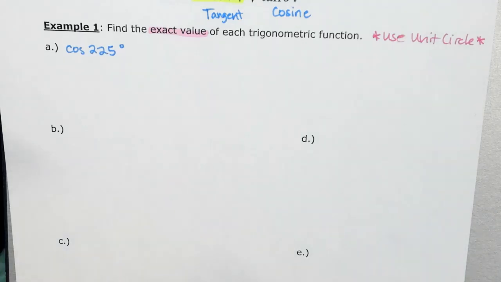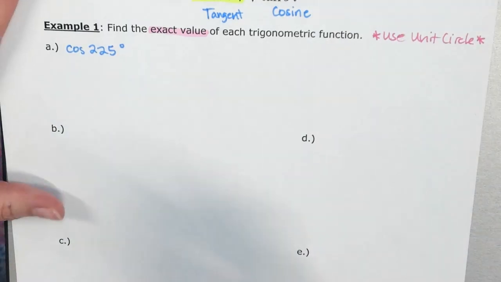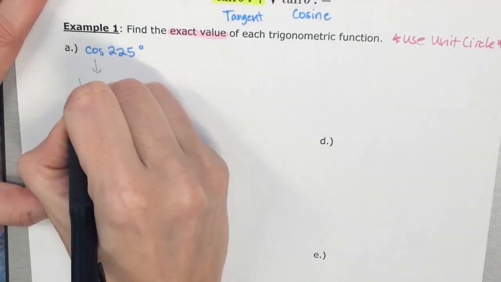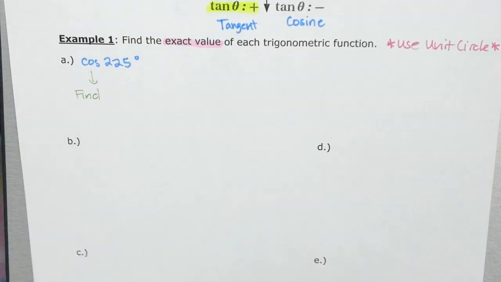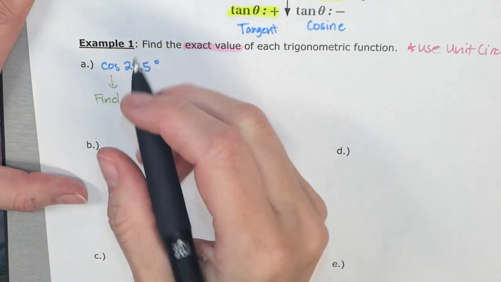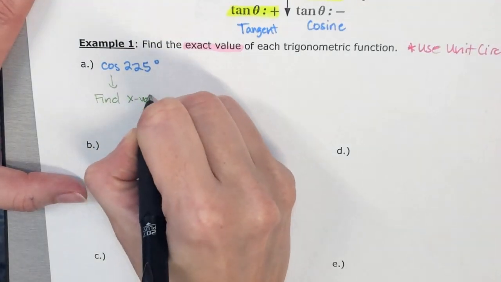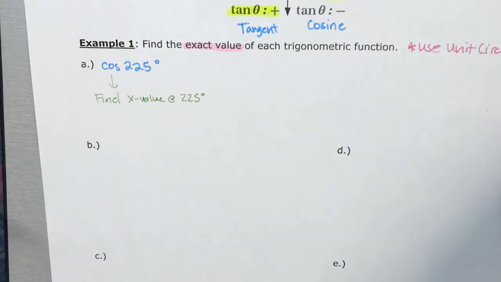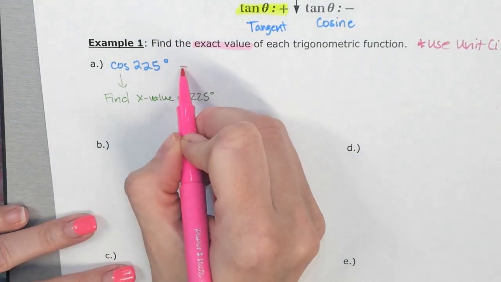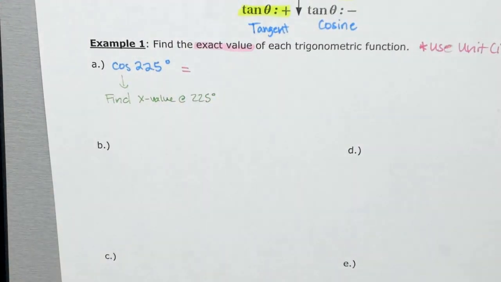When they're asking you to find the cosine of 225 degrees, they're asking you to find a value. The cosine is related to the x, so you are going to find the x value at 225 degrees. I want you to go on your unit circle, find the x value, and then write it down. You have to use your unit circle from yesterday.